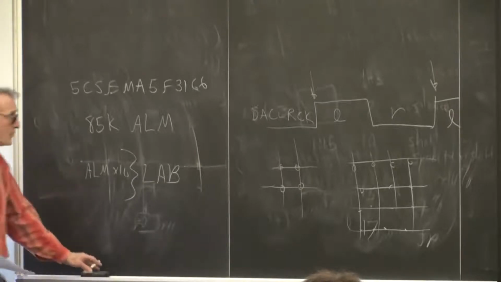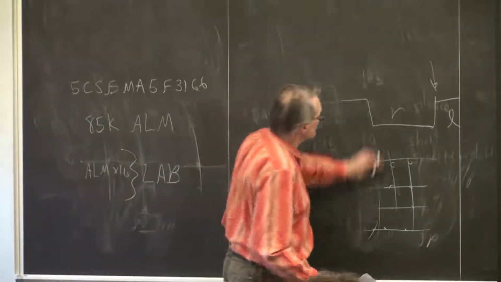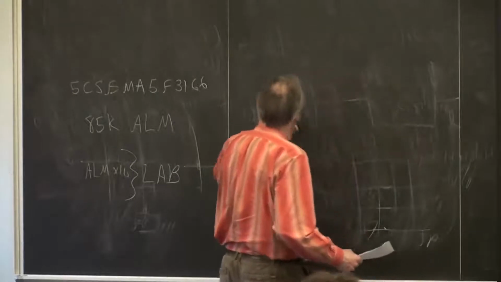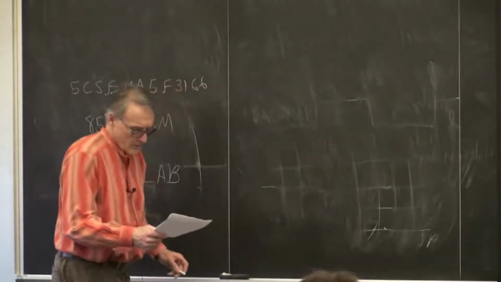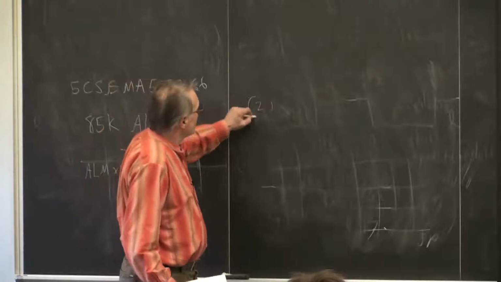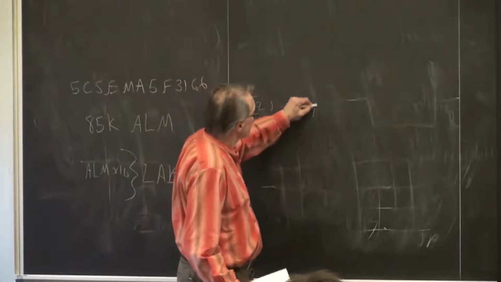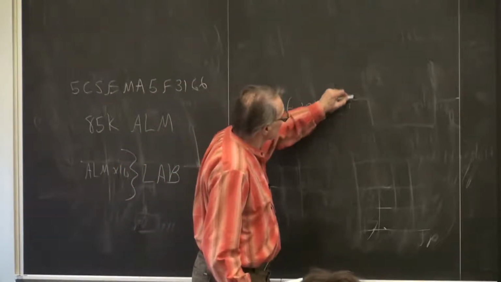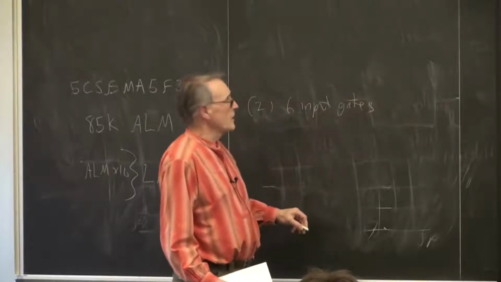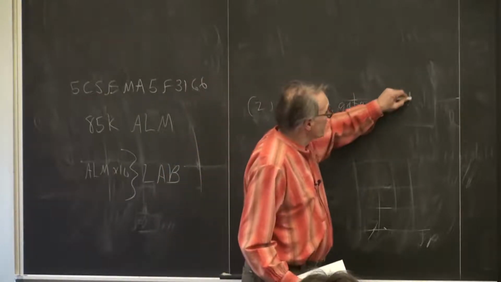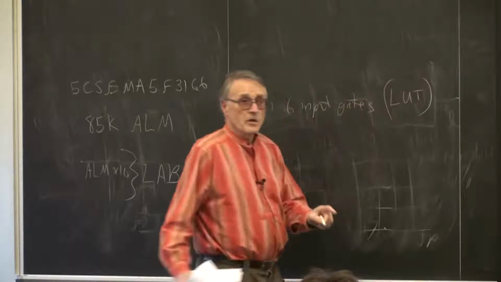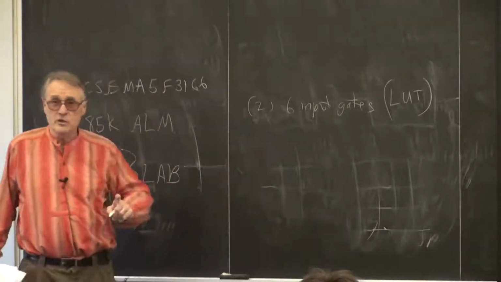But for more detail, a logic element can be 2 6-input gates, and these are lookup table driven, so it can be any arbitrary function of 6 inputs.